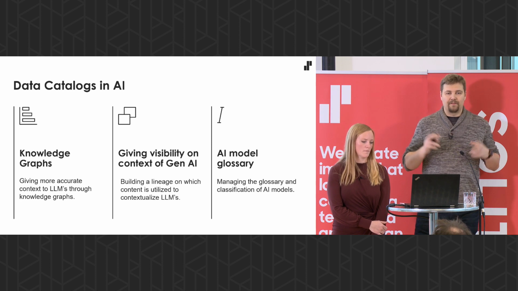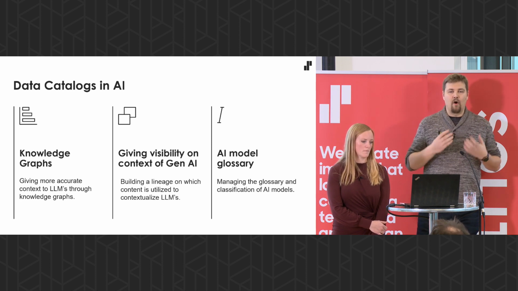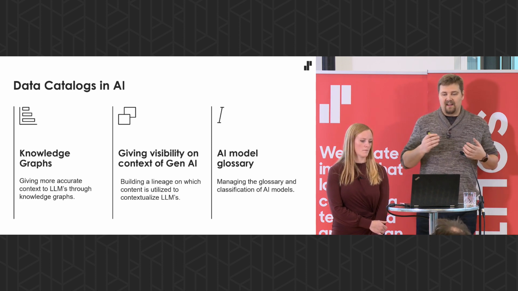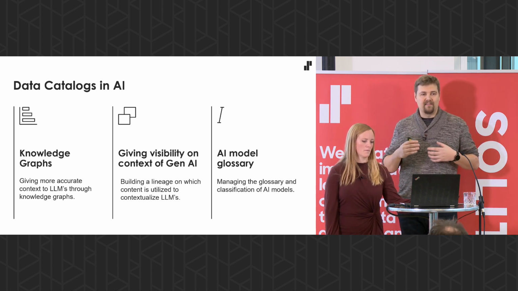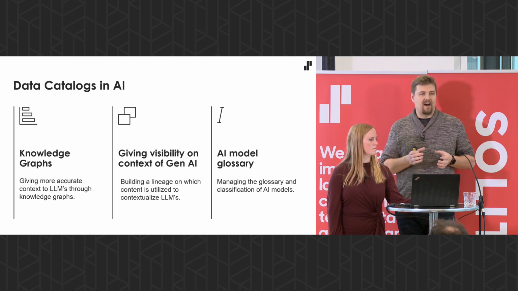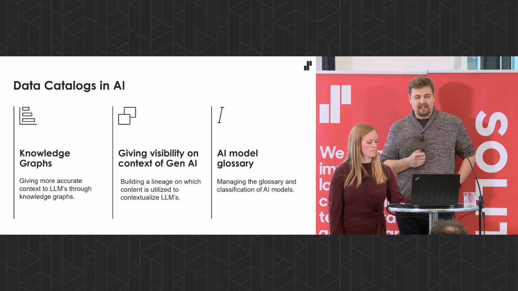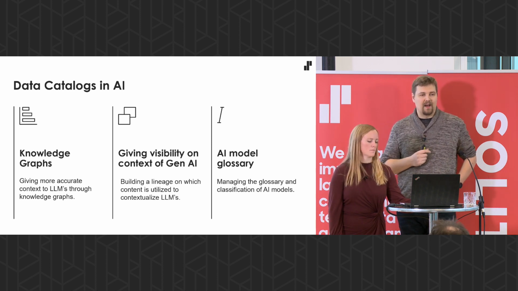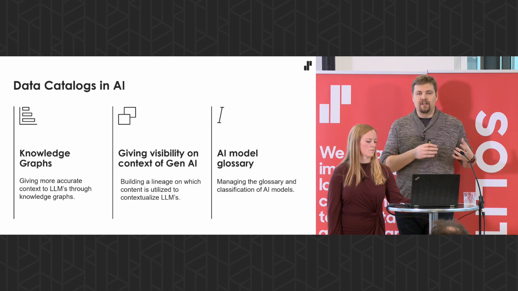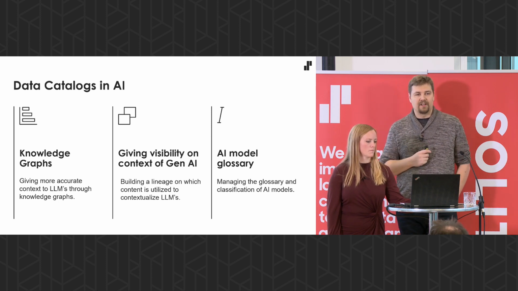They want to kind of teach the catalog for their own content, and link that content to the AI, or even document which content belongs under HR or marketing. That's something that the catalogs can do, and that then builds the lineage so that we understand which content is used to give context for this certain AI model.